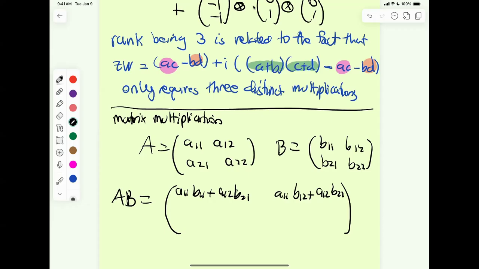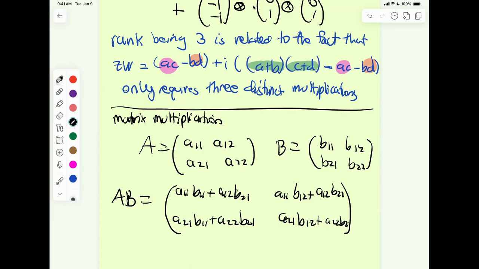Okay, and then A21 B11 plus A22 B21, and then A21 B12 plus A22 B22. Hopefully I didn't make a mistake, but if I did, you know what I'm trying to write.